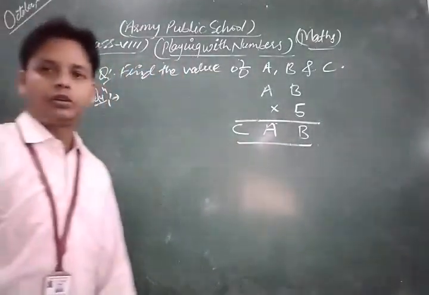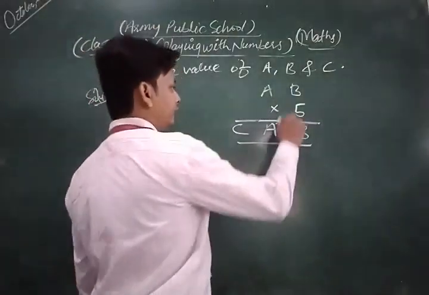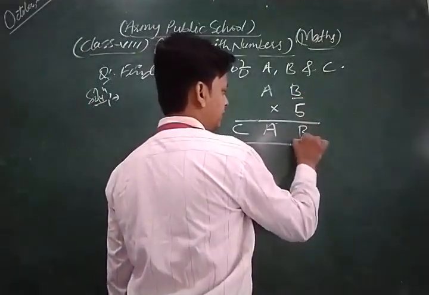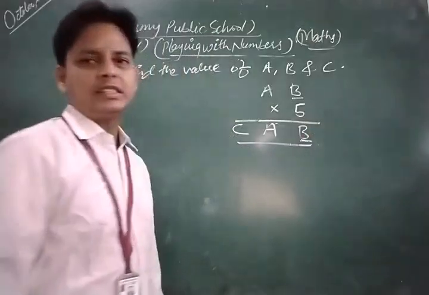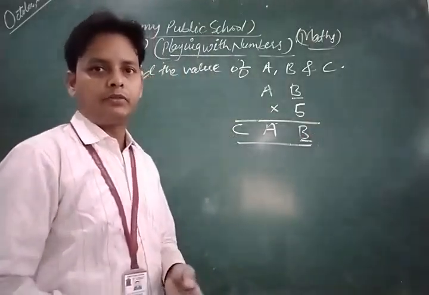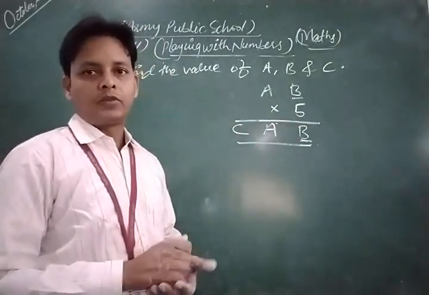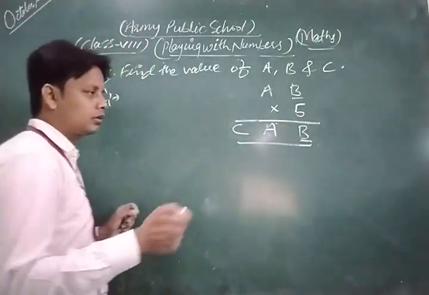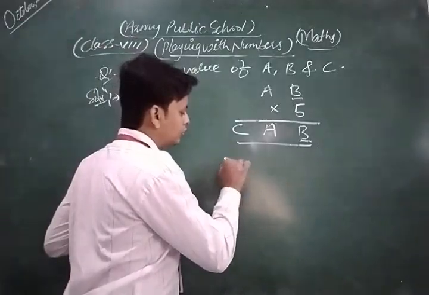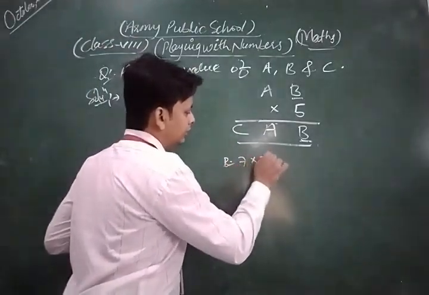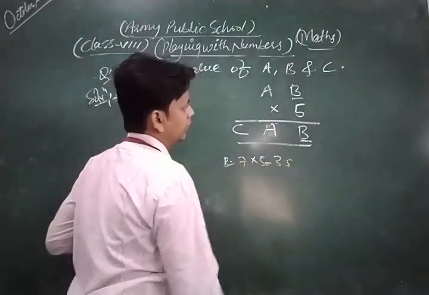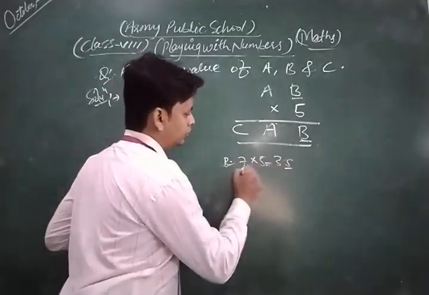Dear student, here look, the value here is the same. So we choose B as that type of number that if we multiply it by 5, we get the same number in the unit place. If we choose B is equal to 7, then multiplying by 5, 5 times 7 is 35, which is not equal to 7.